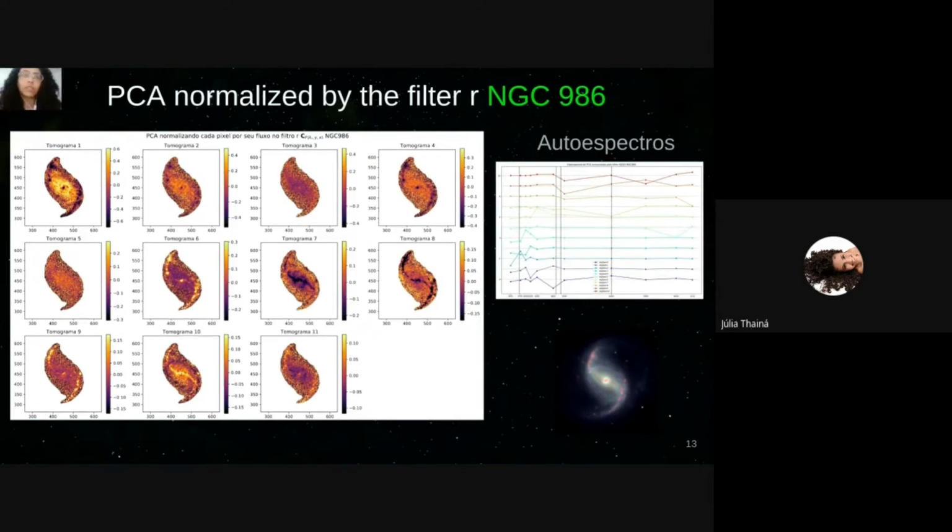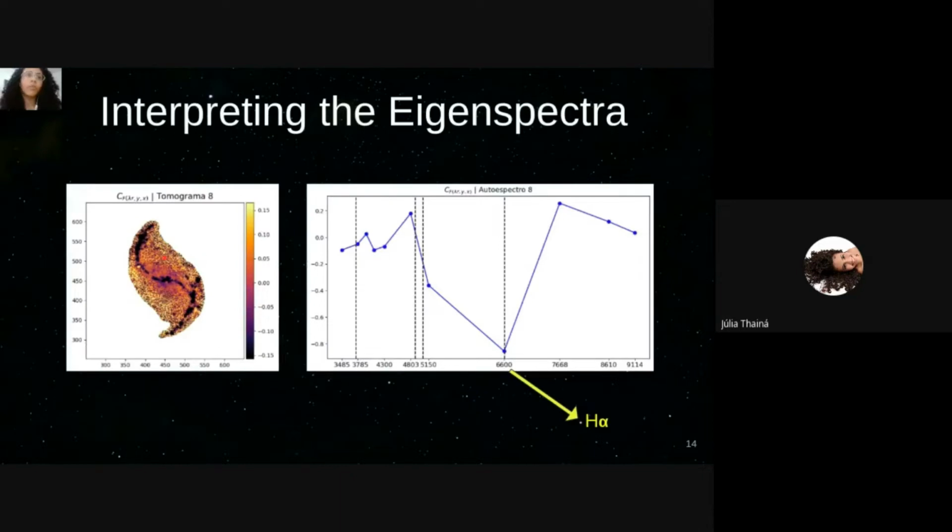For the PCA normalized by the filter R for the same galaxy, we have this tomogram 8, where we have this darker region, and looking at the eigenspectrum 8, we can see that the filter responsible for this region is the one that contains H-alpha, indicating that this is a region of star formation.